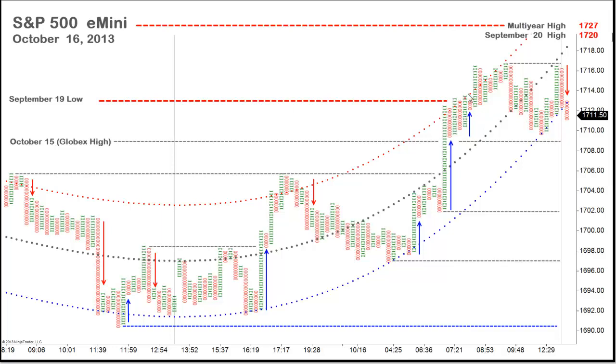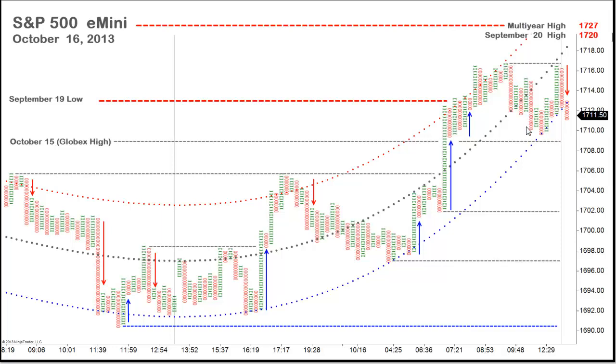The buying interest continued, and the S&P rallied up to 1717 before the computerized buy programs ceased executing buy-side trade.